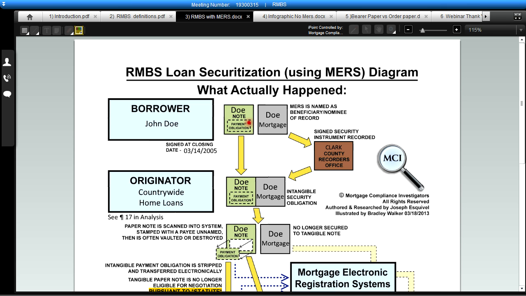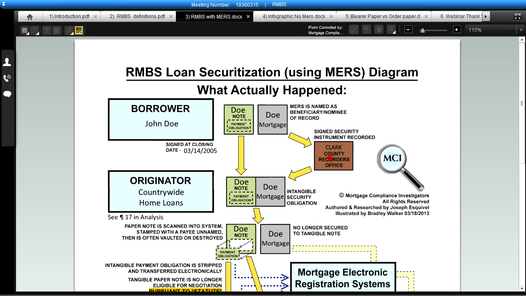Now, after signing at title, the John Doe mortgage is sent to the county recorder's office. When it is at the county recorder's office, it is filed, indexed, and recorded.